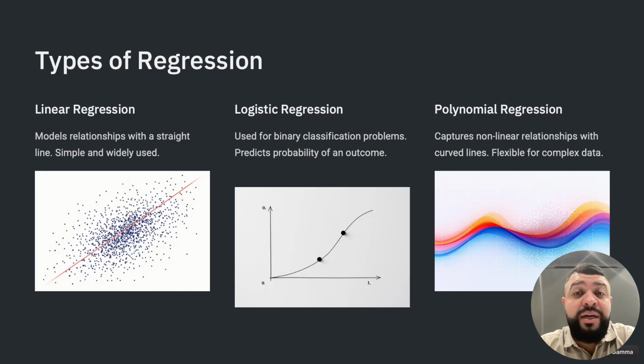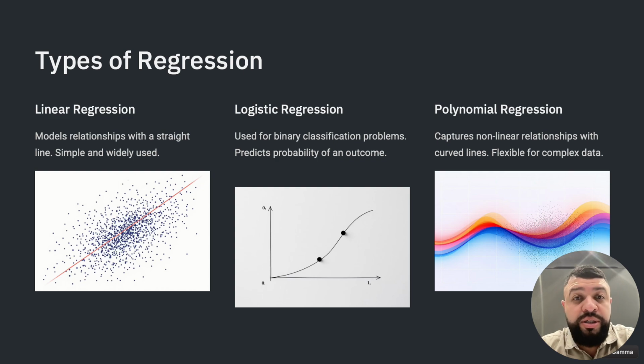There are several types of regression, each serving different purposes. Linear regression. This is the simplest form of regression, used when the relationship between the dependent and independent variables is approximately linear. For example, predicting house price based on square footage.